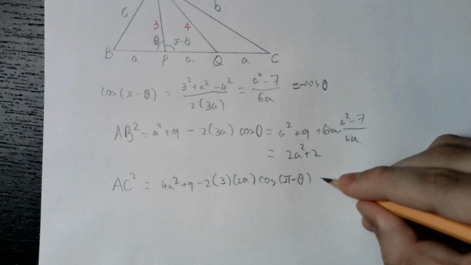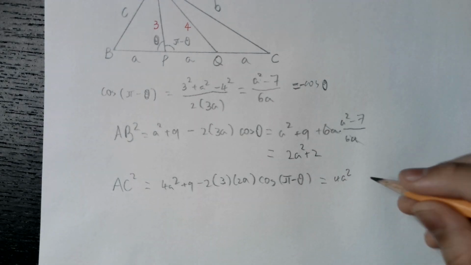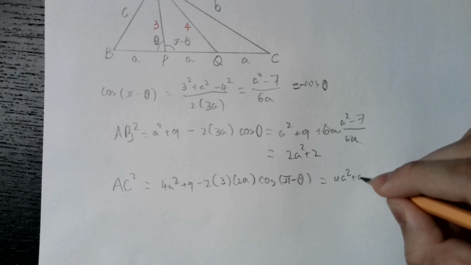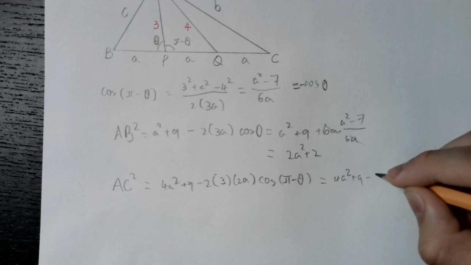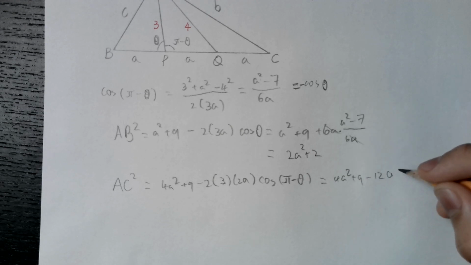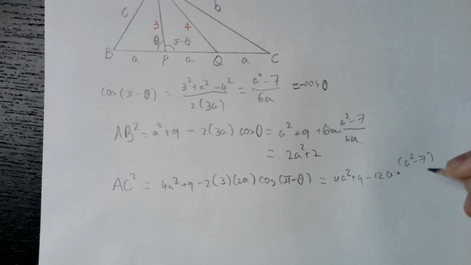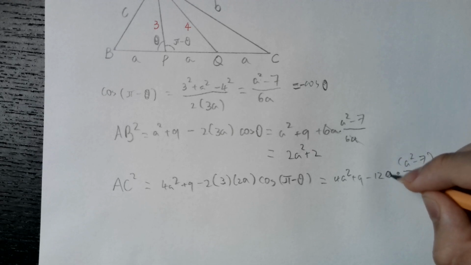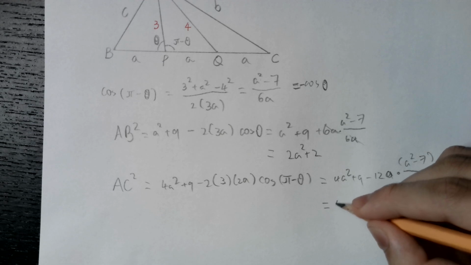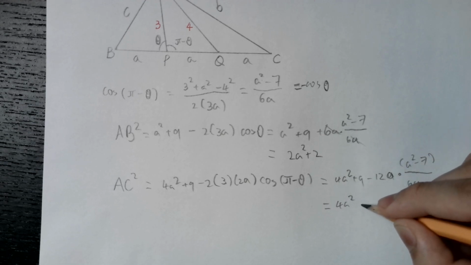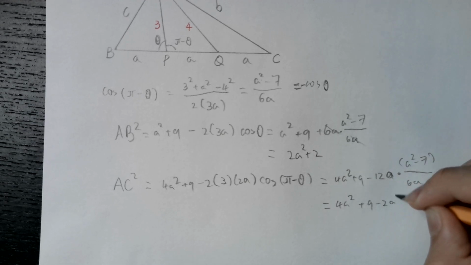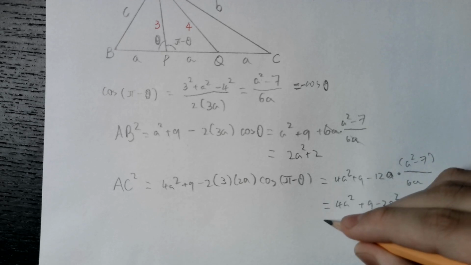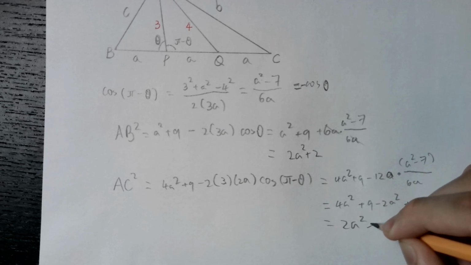This is equal to 4a squared plus 9 minus 12a times a squared minus 7 divided by 6a. Simplifying, the 12a and 6a give 4a squared plus 9 minus 2a squared plus 14, which is equal to 2a squared plus 23.